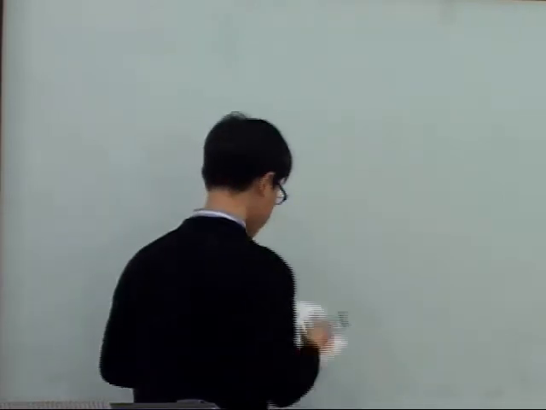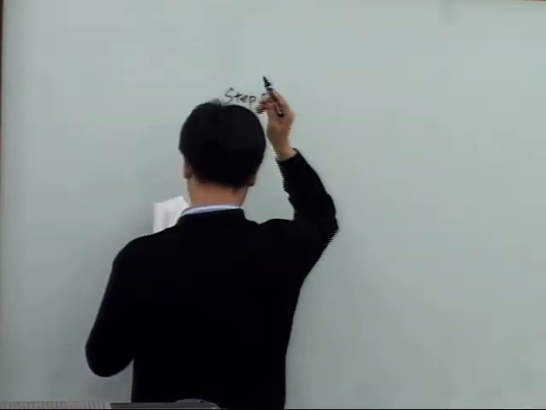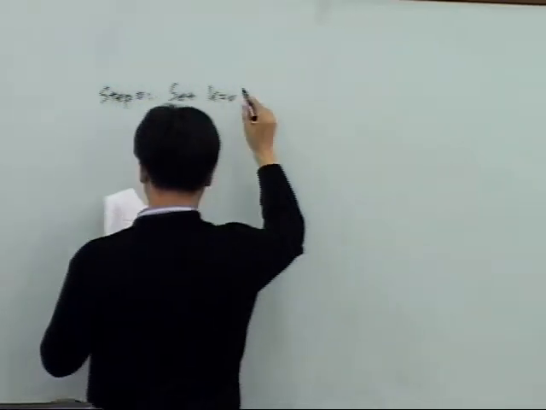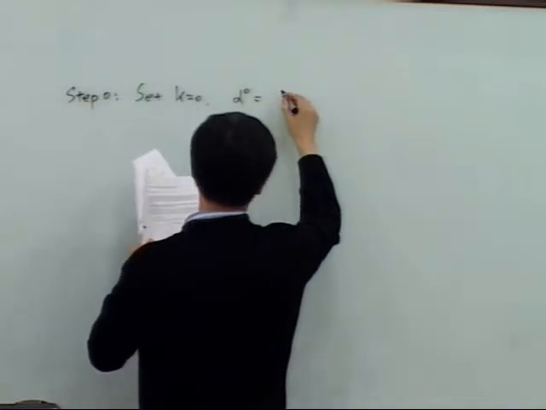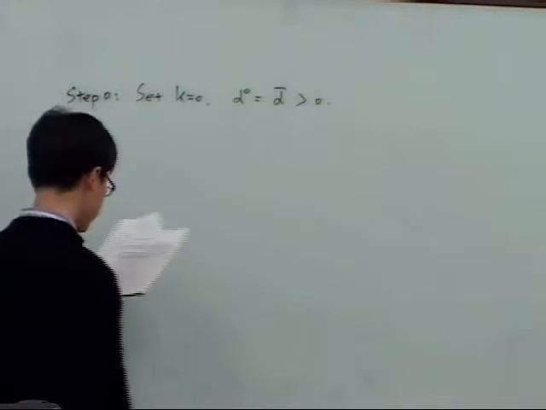Anyway, because it's an inexact search, it only gives the acceptable range of step size. Step 0, initialization. Set k equal to 0, and alpha 0 equal to the initial guess.